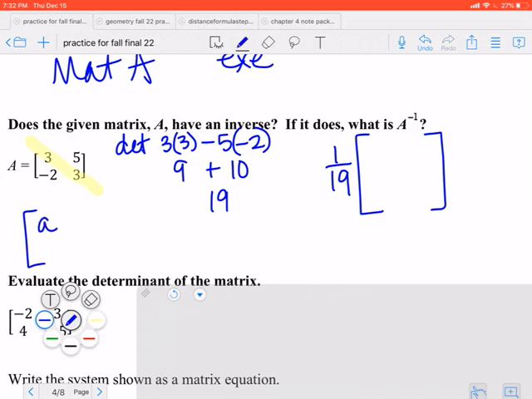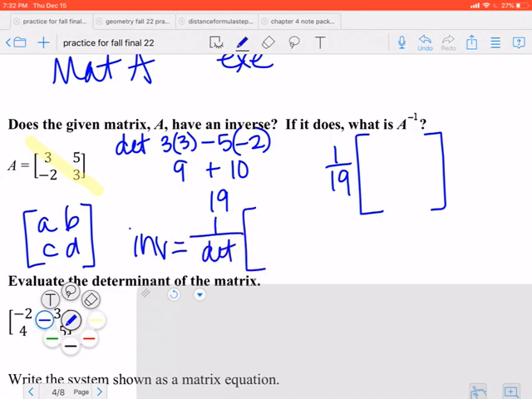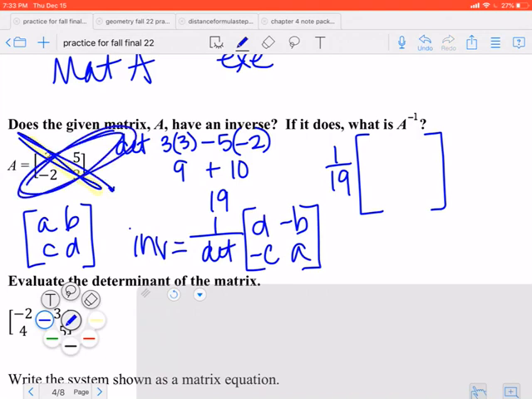If your positions are A, B, C, D, then the inverse is 1 over the determinant times D. So D and A switch places, and then B goes to negative B, C goes to negative C. So these guys switch places, these guys go to opposite sign.